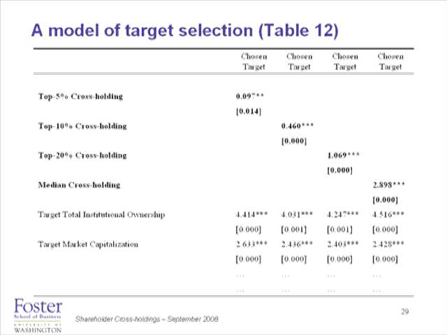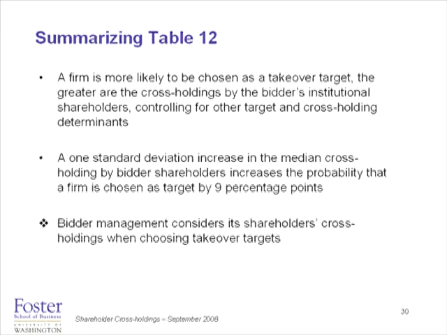Then there are of course all the other effects of the characteristics. And so a firm is more likely to be chosen the greater the cross holdings are. Like I just said, a 1 standard deviation increases that by 9 percentage points.